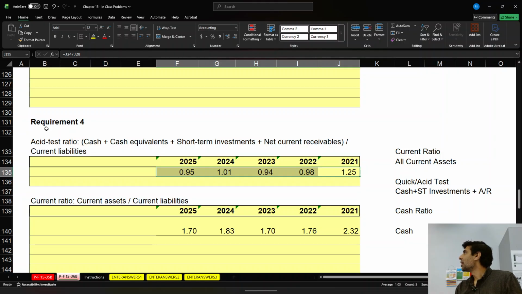Instead of just getting it right on the homework, I think it's more important you understand what these different ratios are and why they change. What is the difference between the cash ratio and quick ratio? What is causing that difference? Why would you want to know quick versus cash? It's just more conservative. There could be a case where your accounts receivable are much longer term.